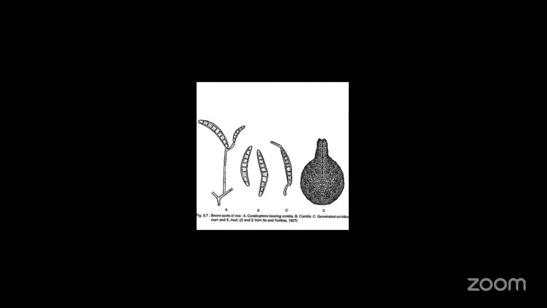This one we call the bakanae disease. Now, Fusarium fujikuroi. So this is an important disease of rice occurring throughout the rice, Oryza sativa, growing areas. The seedling diseases are foot rot or Fusarium blight. The disease was reported for the first time in India.